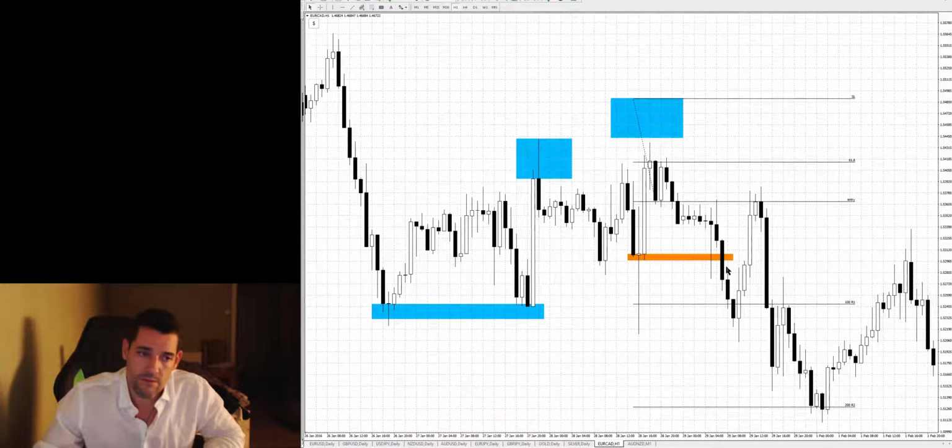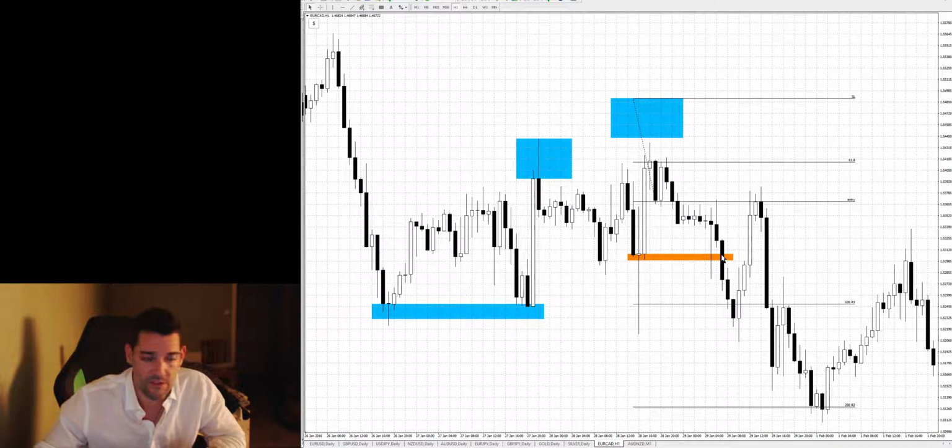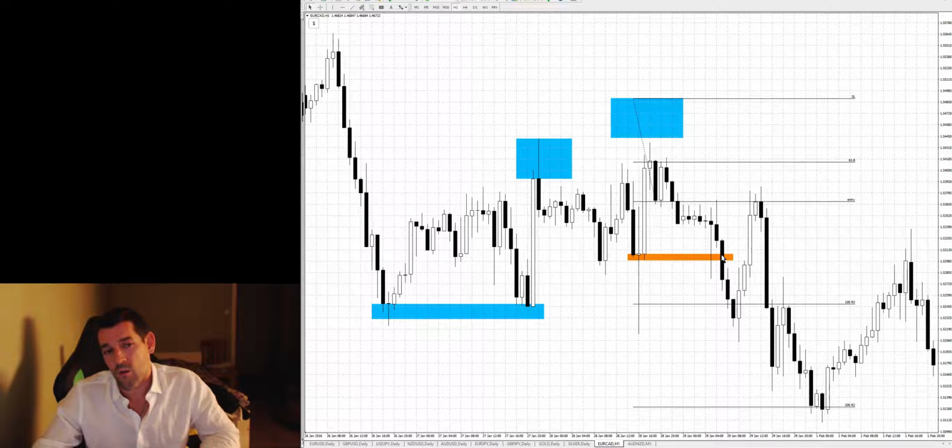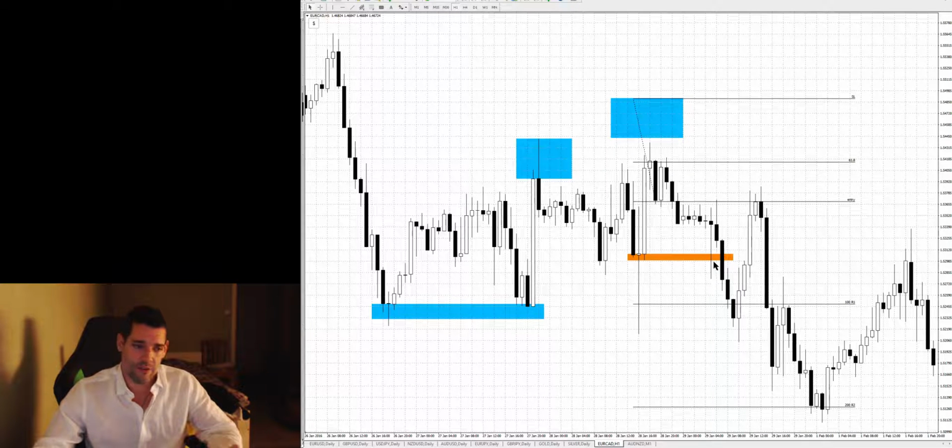Now, with this example, when I lock it, it ends up being a scratch trade, maybe plus 5 pips or something like that. However, 5 pips is plus 5 pips. It's not a loss, right? That is the locking mechanism.